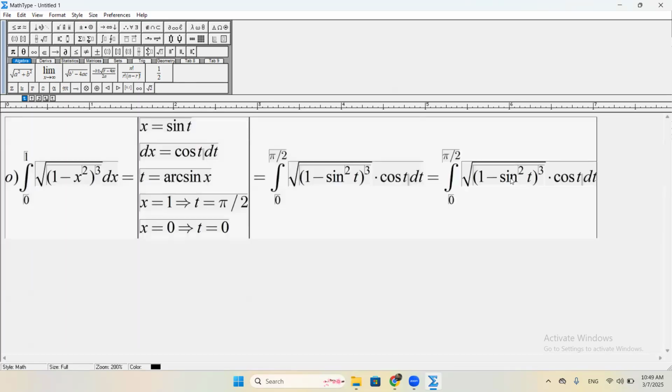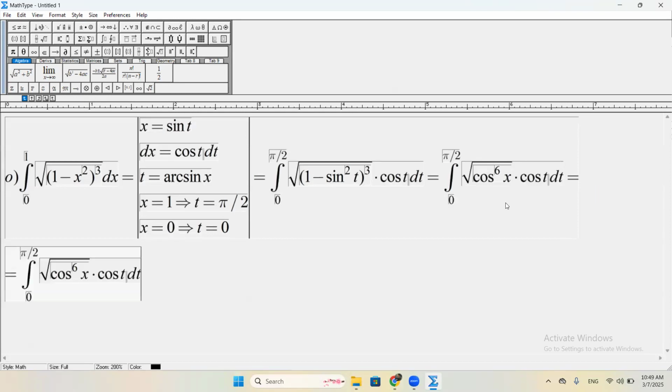So here we will receive cosine of x in power of 6 under the root. And then when we expand everything, we'll have cosine of x in power of 4. But not x, t. Yeah, t. Thank you for your attention. Yeah, don't forget about new variables.